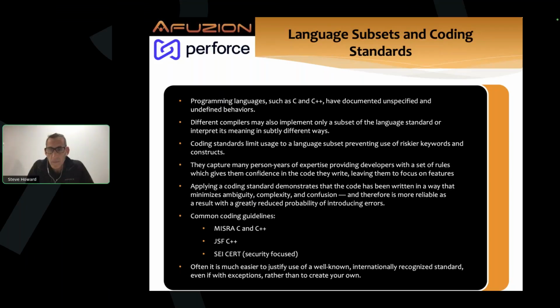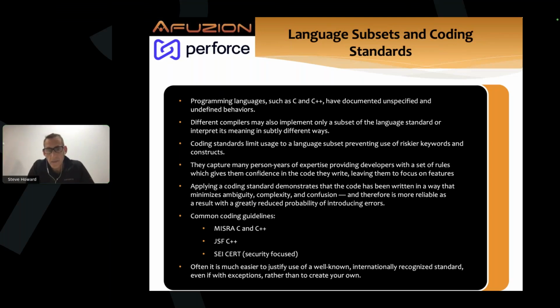This means we have code written in a way that minimizes ambiguity and maximizes clarity, and hopefully reduces the probability of introducing any kind of coding errors. Certainly this applies with many of the common coding guidelines. MISRA and JSF, for example, are prime examples of this.